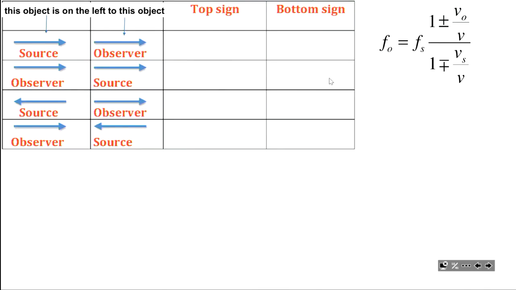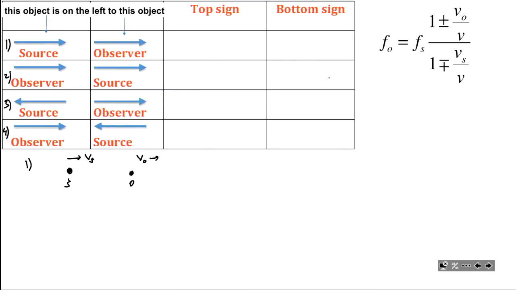Let's call them case number 1, case number 2, case number 3, case number 4. What else could happen? Directions might differ. In case number 1, the source is to the left of the observer, and they both move relative to the ground to the right. That's what it means.